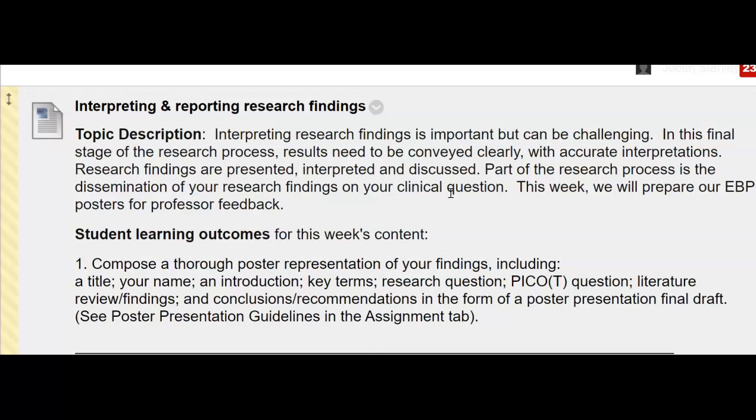And the guidelines are available to you that tell you exactly what you need to include: a title, your name, introduction, key terms if appropriate, research question, the PICO question, literature review findings, and then your conclusions and recommendations. And you're going to do that in the form of a poster presentation.